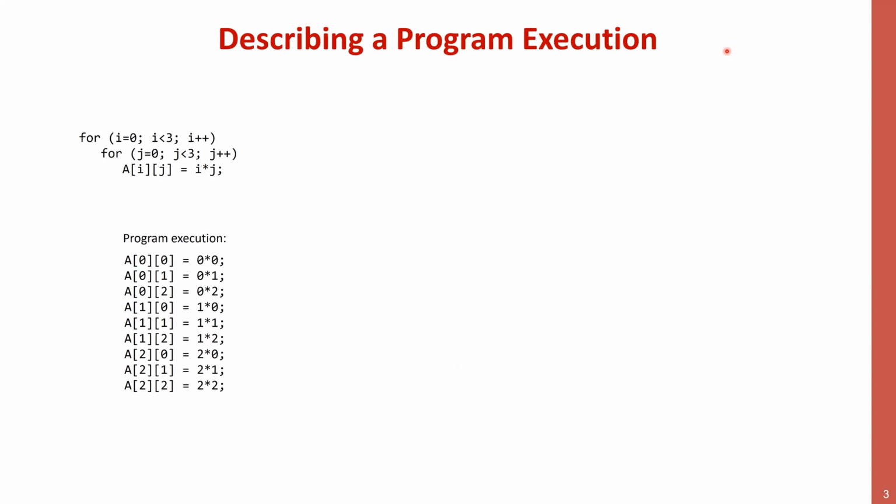So the problem is describing the program execution, understanding the fact that there are multiple iterations that are executed successively a number of times, and understanding what is the execution order across these iterations.